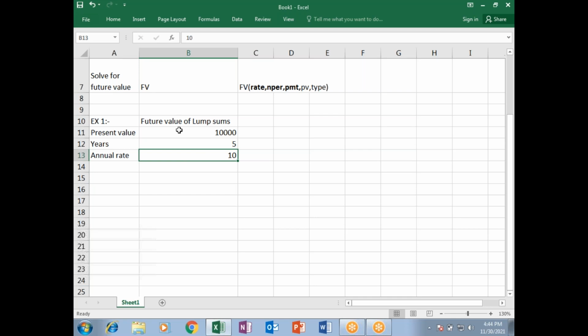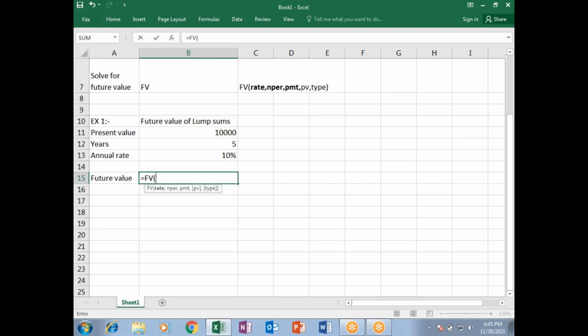For this you can directly specify 10%. Now to find out the future value, if I want to find the future value, equals FV, I should use FV.